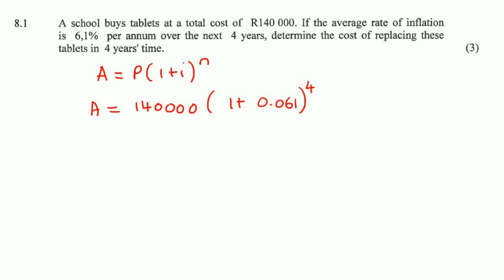Okay, we're not going to say over 12 because we're not doing monthly. We're doing per annum. That's how depreciation and inflation works. So if you had to go work that out, you're going to get a value of 177,414 and 69 cents if we round off to 2 decimal places.